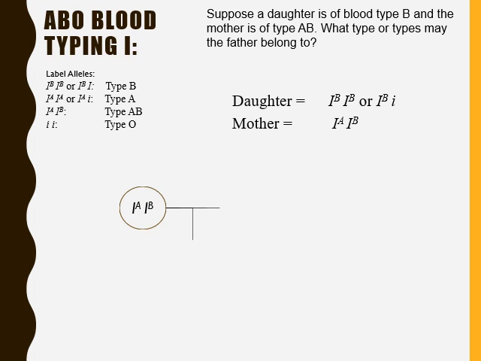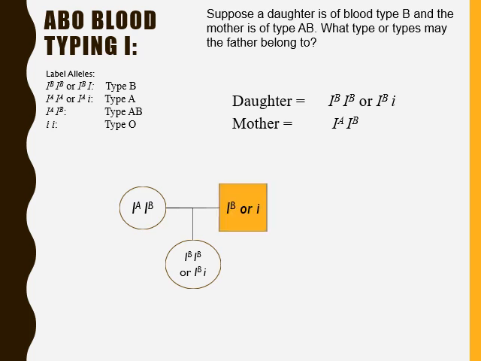Now, that's useful. We know the mom's AB, but that doesn't do much as far as figuring out what the daughter is. The daughter could get the B from mom. I mean, obviously the daughter did get the B from mom, but she could get a B from dad or an i from dad. So we don't know if the daughter's IB IB or IB little i. No idea, so we have to account for all of that.